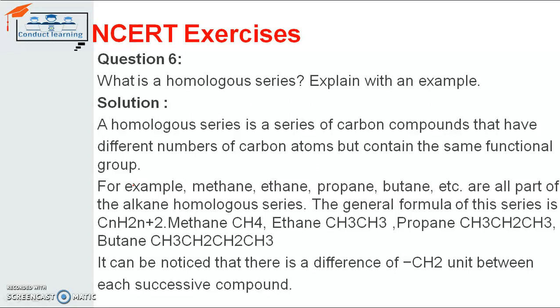For example, methane, ethane, propane, butane, etc. are part of the alkane homologous series. The general formula for this series is CnH2n+2, that is written there. According to the general formula, you can count the number of carbon and hydrogen atoms present in that series. So this is called a homologous series, where the functional group is the same, but the number of carbon and hydrogen atoms can be different.